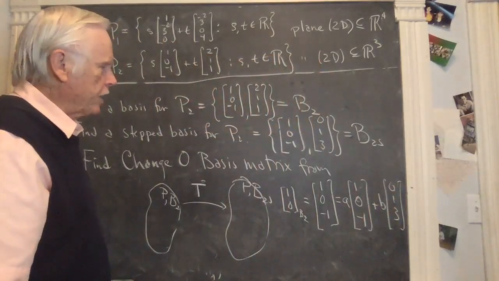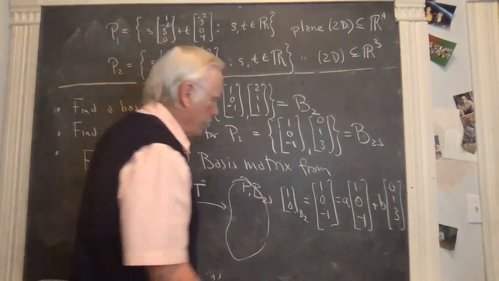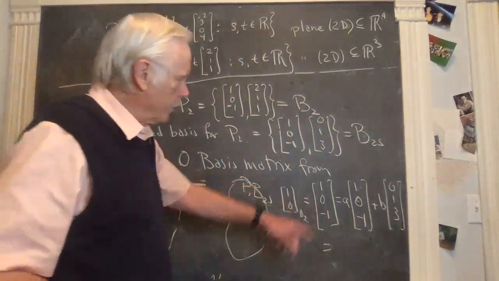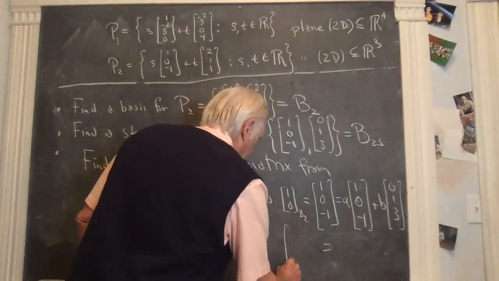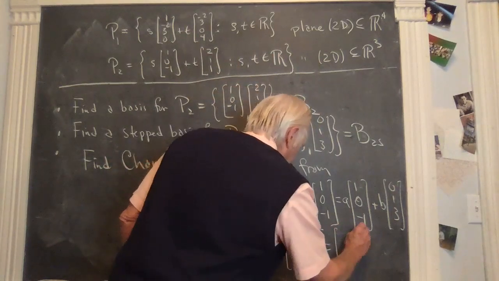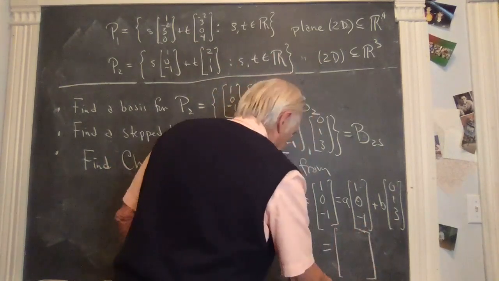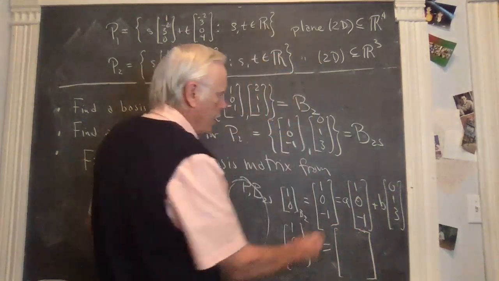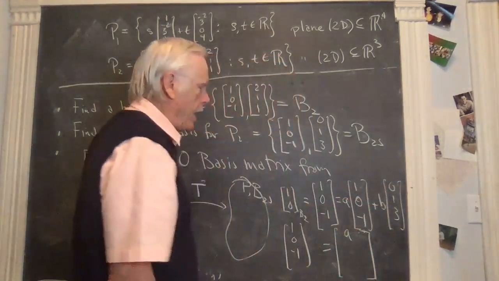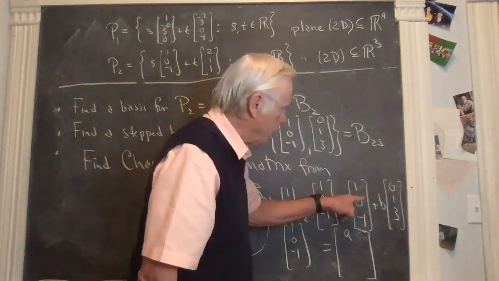Now, the nice thing about the stepped basis is when you do the arithmetic on the right-hand side, you get 1, 0, minus 1 equals, when you add these up, A plus 0B. So the first one here will be A because this is a stepped basis.